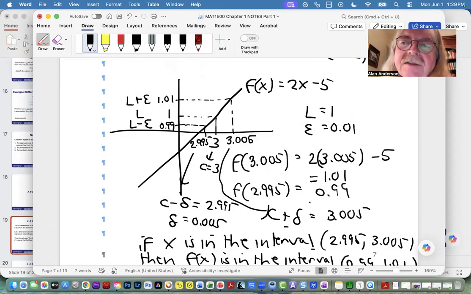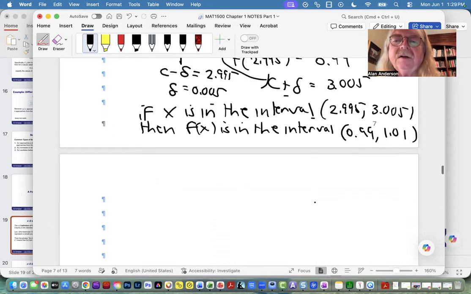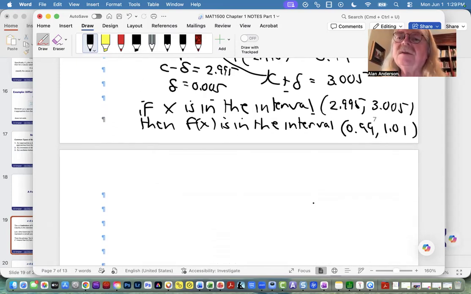As I keep letting the deltas and the epsilons get smaller and smaller, x is getting close to the 3, and f of x is getting close to the 1. Okay. And that's what it means to be a limit.